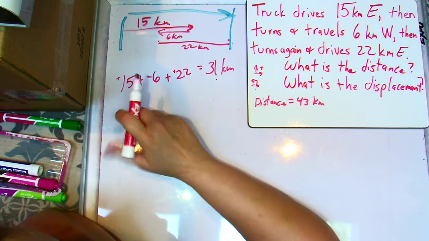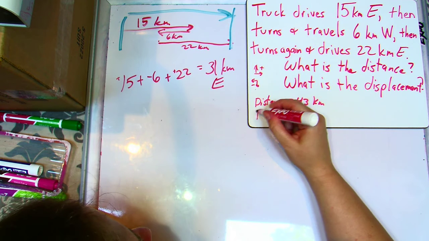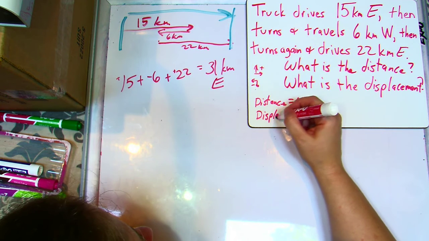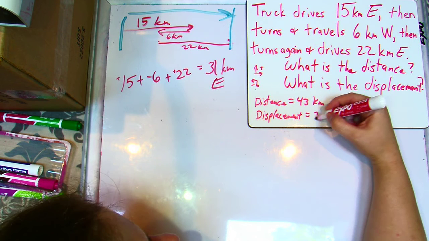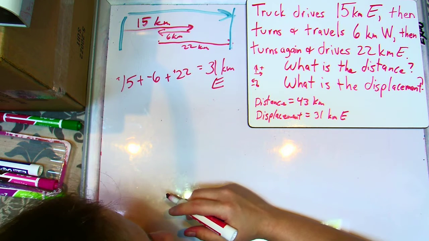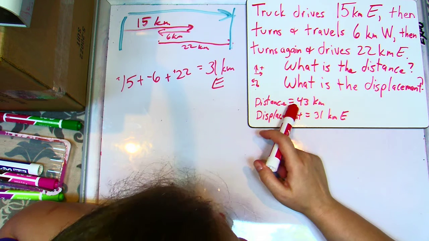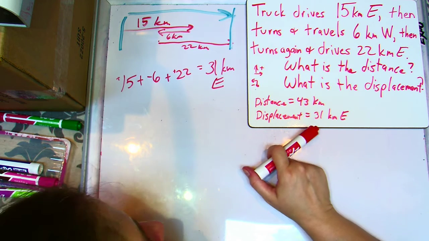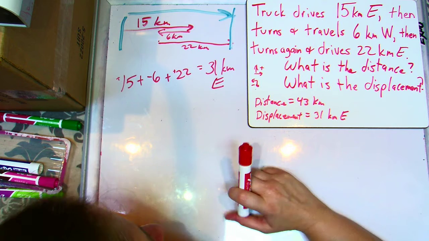And in which direction did they end up? East. The displacement equals 31 kilometers east. So even though the truck drove for 43 kilometers, it ended up 31 kilometers east of its starting position.